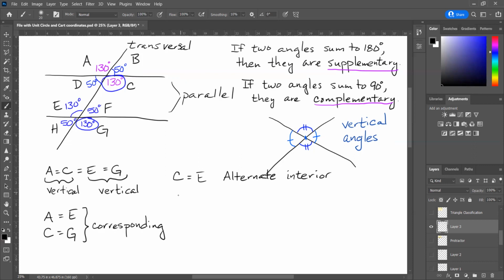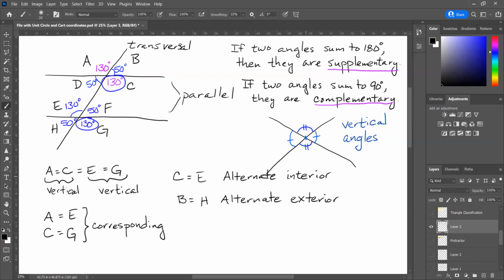Note this, B equals H, we already saw that. Those are on alternate sides of the transversal, but they are exterior to the parallel lines.